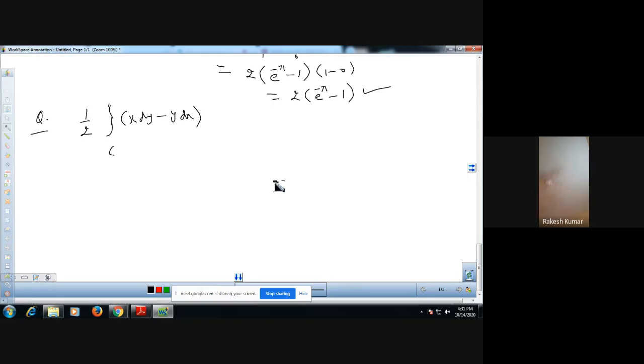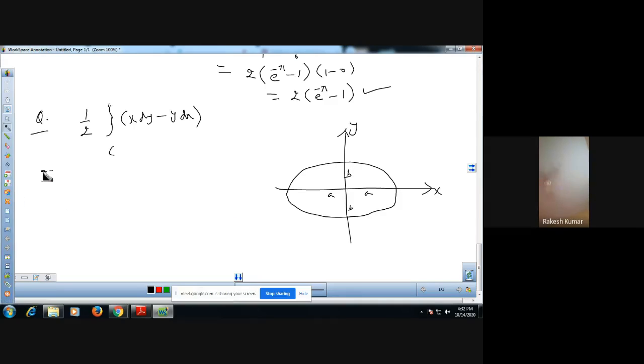Hence find the area of an ellipse whose semi-major axis is small a and semi-minor axis is small b. This is the shape of the ellipse along the x-axis and this is along the y-axis. This is semi-major axis a, this is semi-minor axis b, respectively.